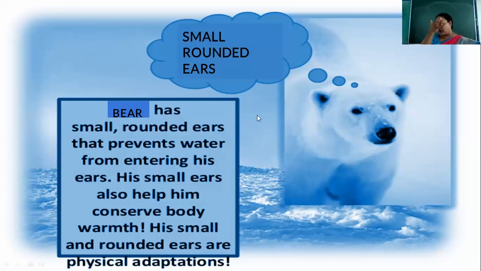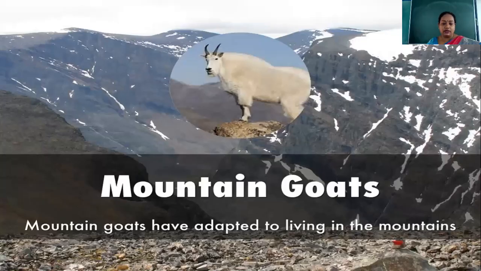It's not only the water that will enter into the ears, but the cold wind also. It is prevented from getting into the body, and this is how body warmth is maintained in the polar bears. Now, the next topic that we have to discuss today is the mountain goat.